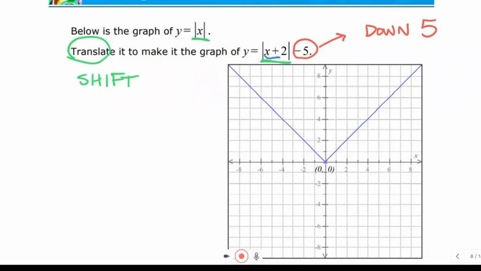That +2 on the inside of the function next to the x tells me we're going to move to the left. So let's move it. We have our vertex (0, 0), left 2, down 5. There's my new vertex. So we're going to go that way, and that way. Like parent, like child. That's our new function.